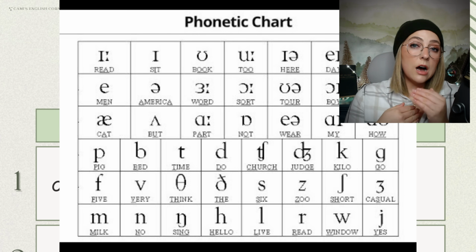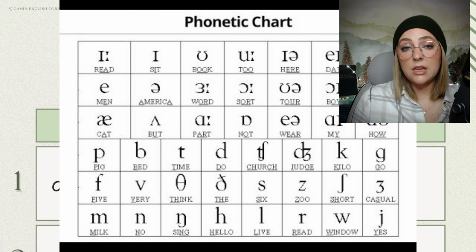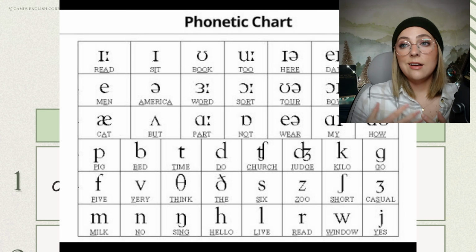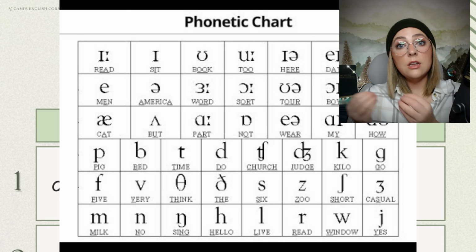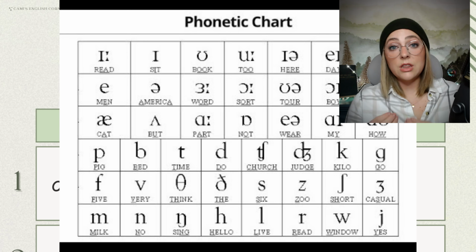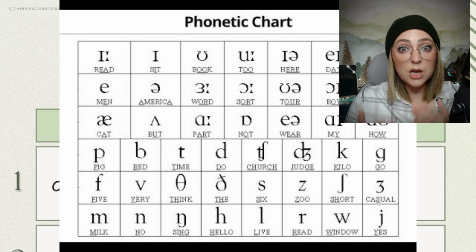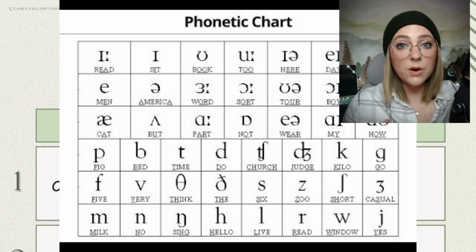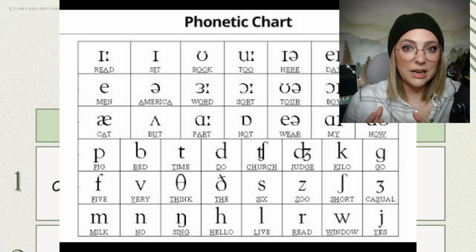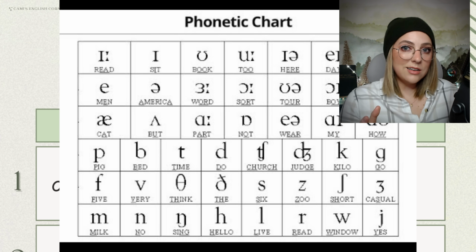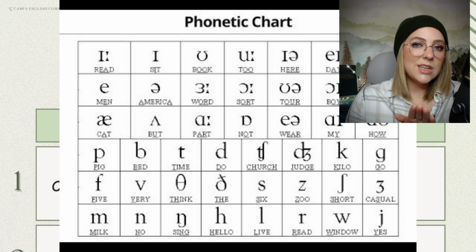However, I don't teach the IPA to my students because a lot of my students don't use the English alphabet for their own native language, and I'm not going to make them learn a separate alphabet. They're already having to learn the English alphabet, so adding on the IPA, that's just extra work.